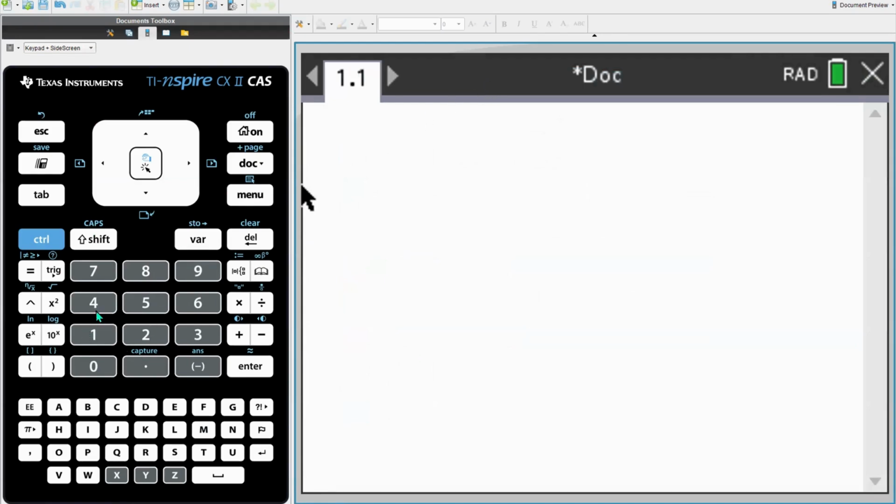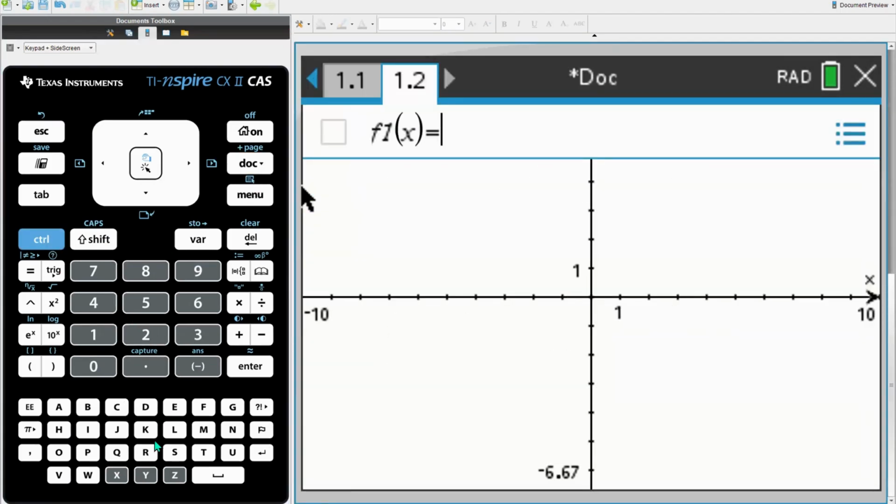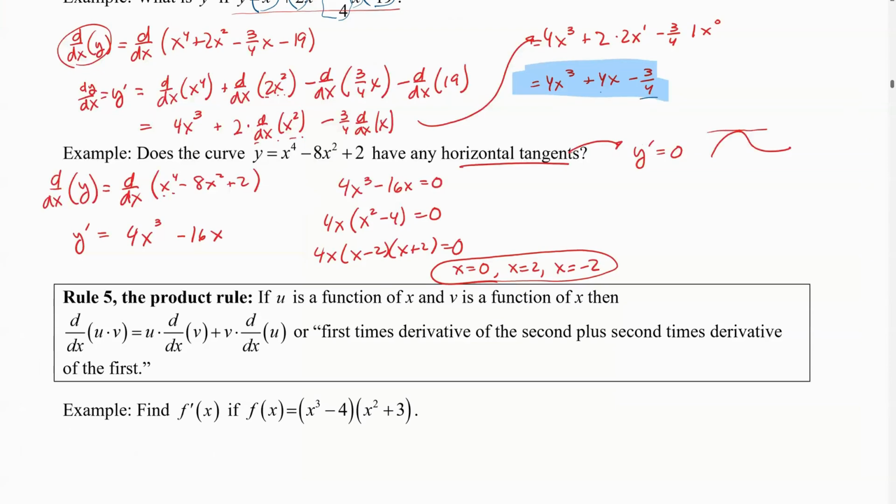And let me put in that original function. I have to have a graphing page. I think it was x to the fourth minus 8x squared plus 2.